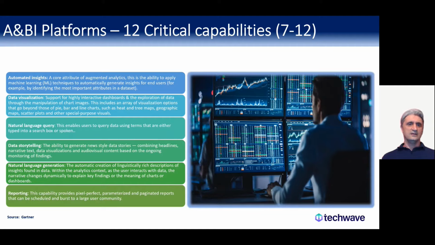This includes an array of visualization options that go beyond the traditional and classic pie, bar, and line charts, such as heat and tree maps, geographic maps, scatter plots, and other special purpose visuals. Natural language query, or NLQ. This enables users to query data using terms that are either typed into a search box or spoken.